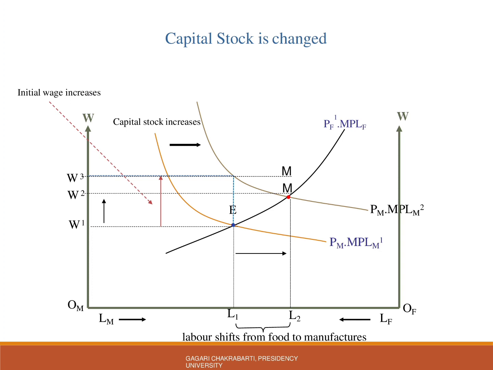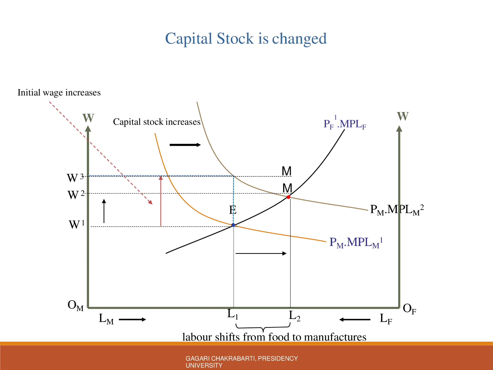So now what happens to the money wage rate? Money wage rate increases, but of course less than proportionately. This is because if the employment of labor is unchanged at L1, which is the initial equilibrium level of employment, then wage rate in the manufacturing sector will be much higher than the wage rate in the food sector.